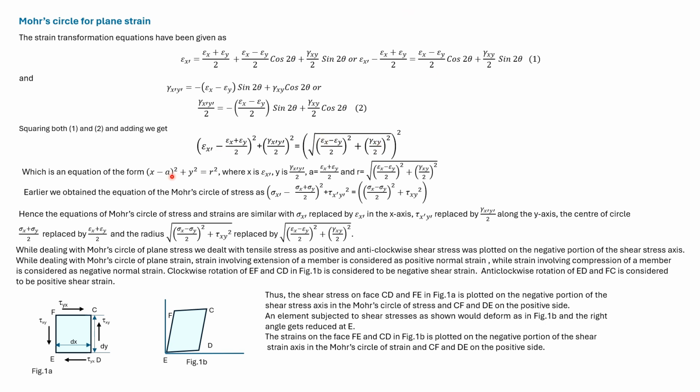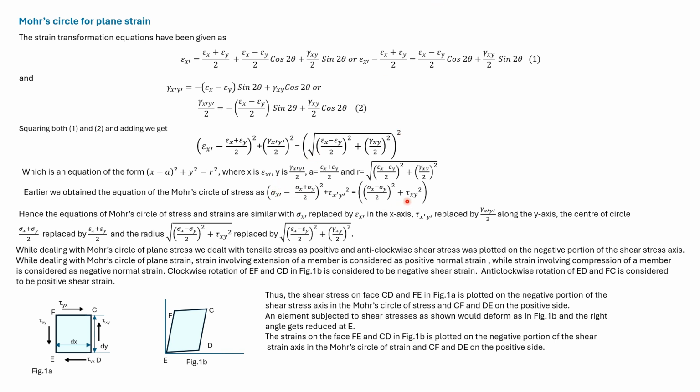This equation can be written in the form of x minus a, squared, plus y squared is equal to r squared, where x is epsilon x dash, y is gamma x dash y dash divided by 2, a is epsilon x plus epsilon y divided by 2, and r is the square root of this term on the right.